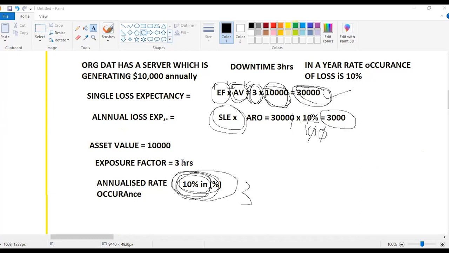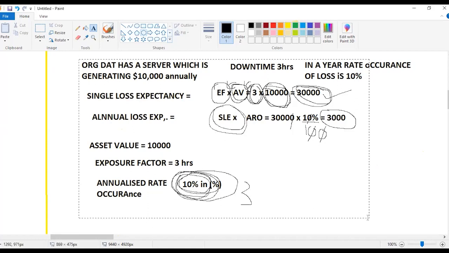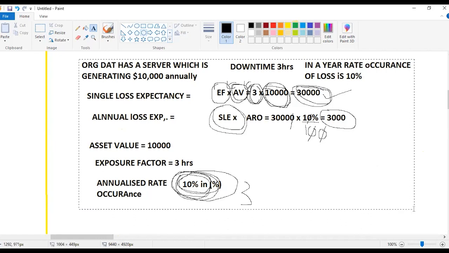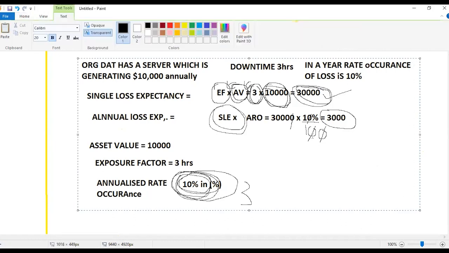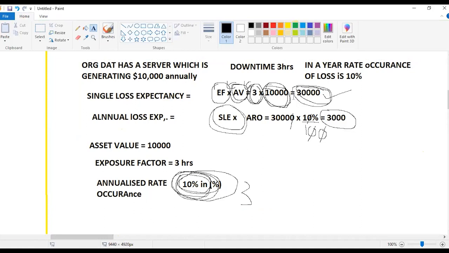Just type SLE, ALE into Google and you will get the question. The exposure factor might differ: instead of 3 hours, it might be 10 or 12 hours. It's up to the mathematical equation. I have given you the equation, and you can follow it and calculate the risk.